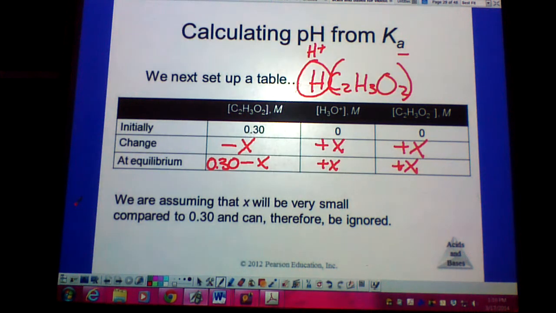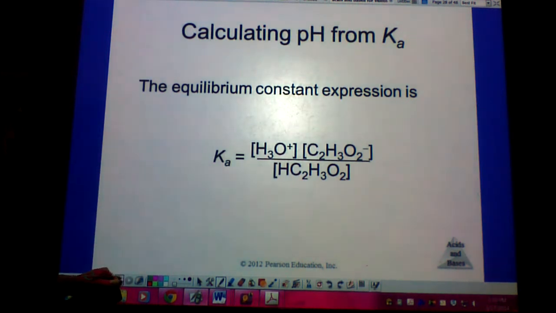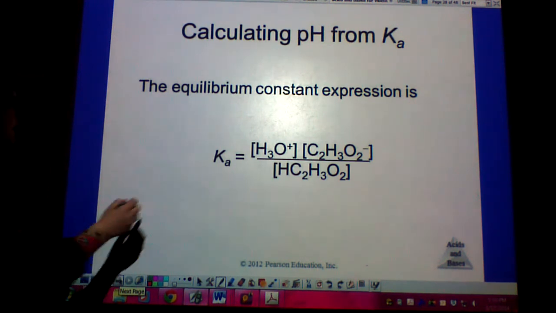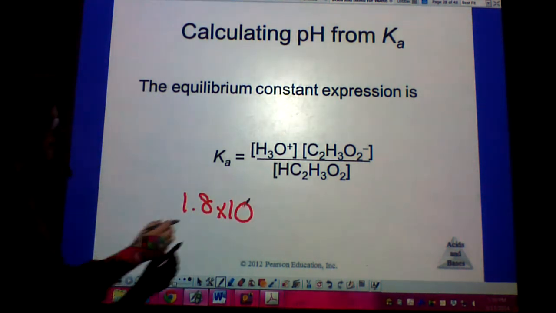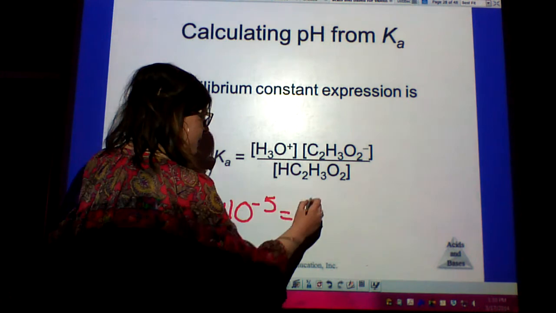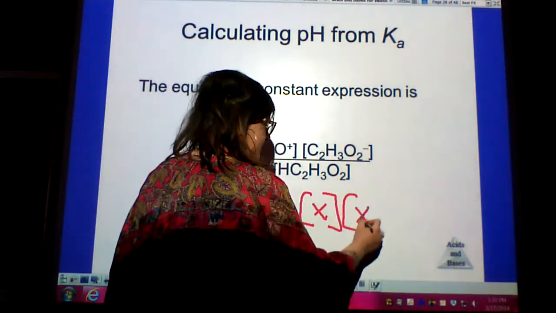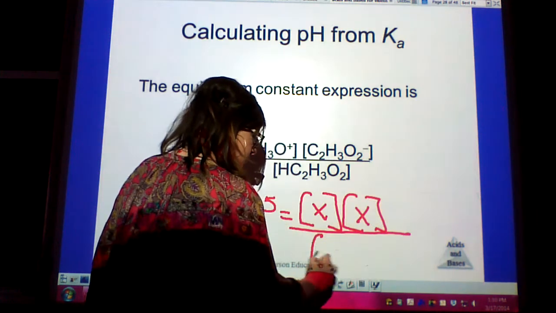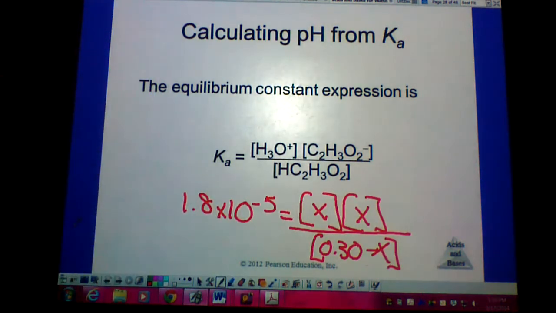According to my equilibrium expression, I know that Ka is equal to 1.8 times 10 to the negative fifth, and right now I just have X and X over 0.30 minus X. Well, it doesn't help me much because I don't know what X is.